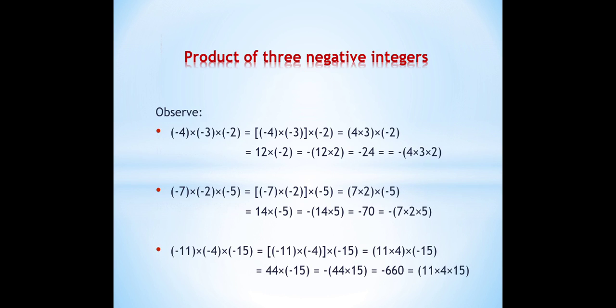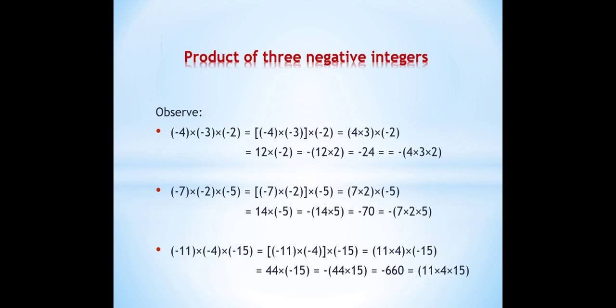Product of 3 negative integers students. Suppose we are given minus 4 into minus 3 into minus 2. Solving this, we can take minus 4 and minus 3 as a group and leave minus 2. Now we know that minus 4 and minus 3 are two negative integers, and we have just learned how to multiply two negative integers. So minus 4 into minus 3 is the same as 4 into 3, which we have done, into minus 2 is kept aside. 4 into 3 is 12 into minus 2.